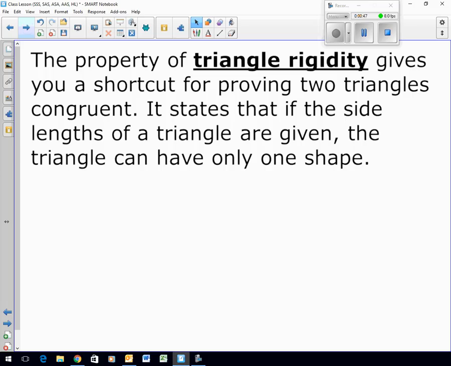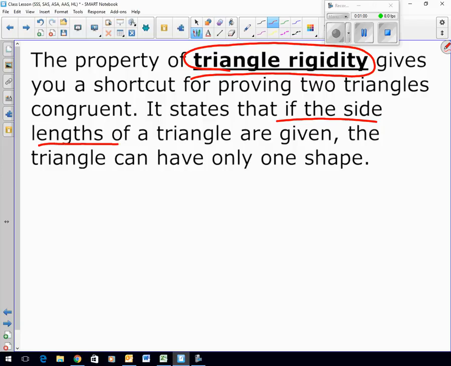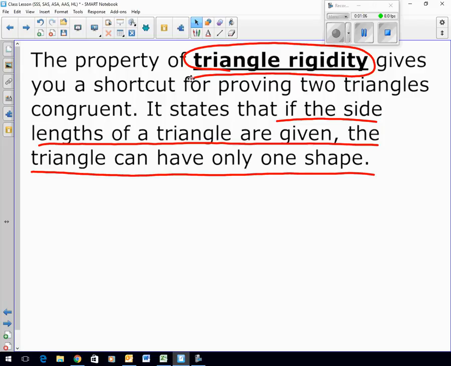First off, the property of triangle rigidity basically states this: if the side lengths of a triangle are given, the triangle can have only one shape.